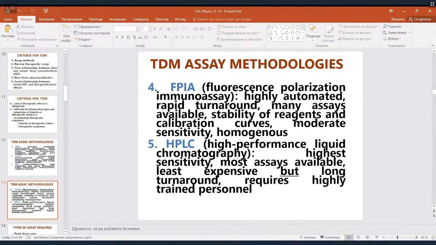There are many assays available, which means you can measure a lot of different drug concentrations. It is not expensive as compared to the other methods. It has a long turnaround, which is the negative side, but it is really, really sensitive, and some hospitals do have it.